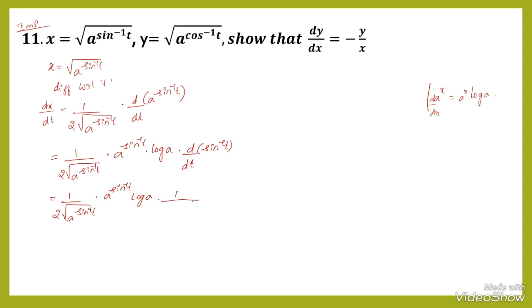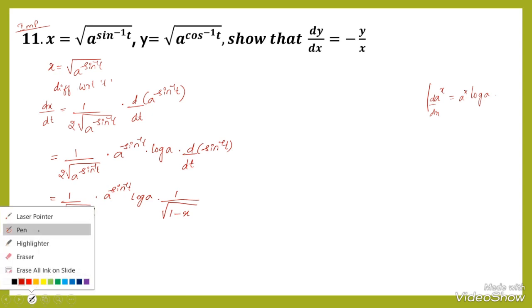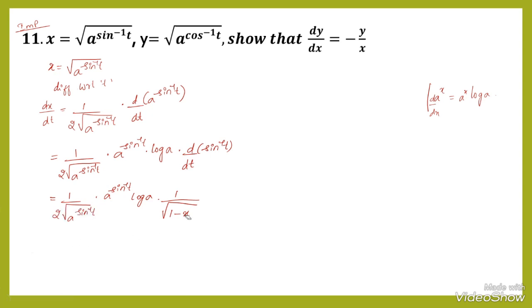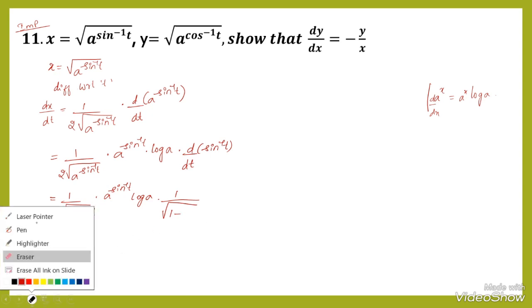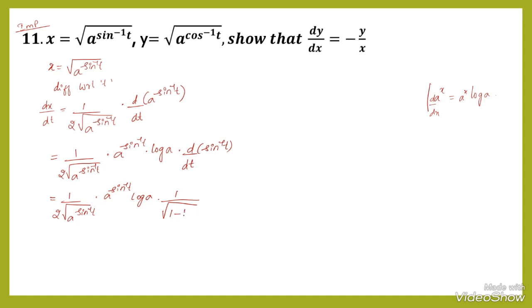That is 1 divided by root of 1 minus x square. Here in place of x we have t, so I can write 1 minus t square. This is dx by dt.